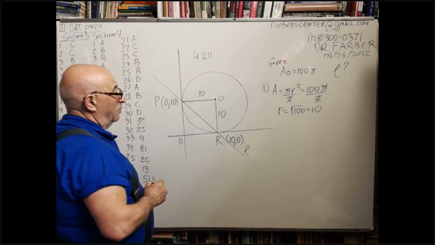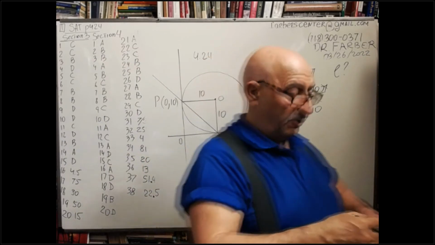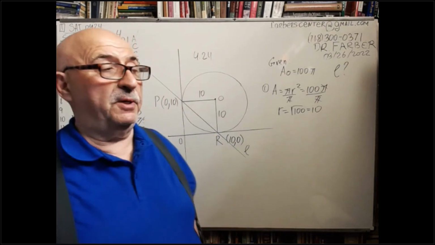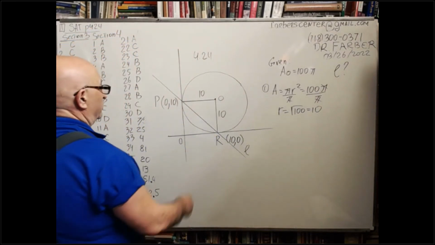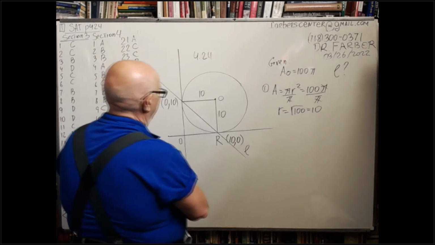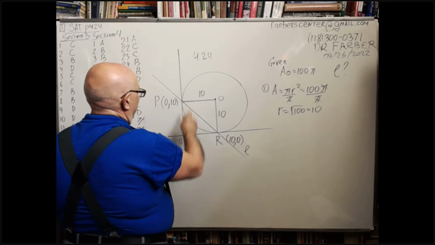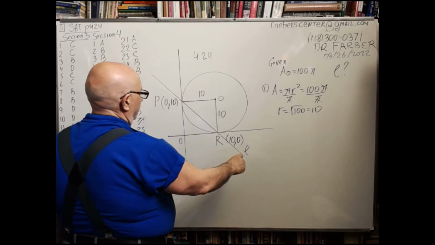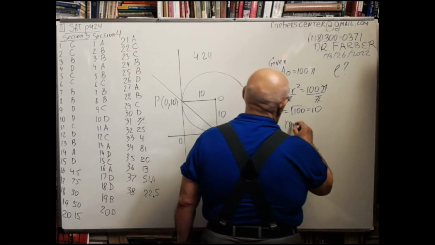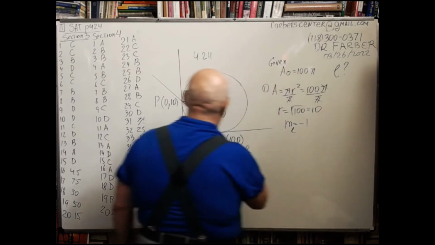You can use the formula for slope, y2 minus y1 divided by x2 minus x1, but you don't need this. This is a symmetrical picture and this is an isosceles right triangle PR. Rise over run. You can see this side and this side are the same, so slope is -1, right? It goes down. The slope of line L equals -1. Or use the formula, you have 2 coordinates.